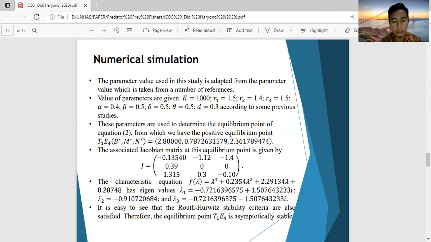The associated Jacobian matrix at this equilibrium point gives the characteristic equation F lambda equals lambda, etc. So by the Routh-Hurwitz stability criteria, the equilibrium point T1 A4 is asymptotically stable.